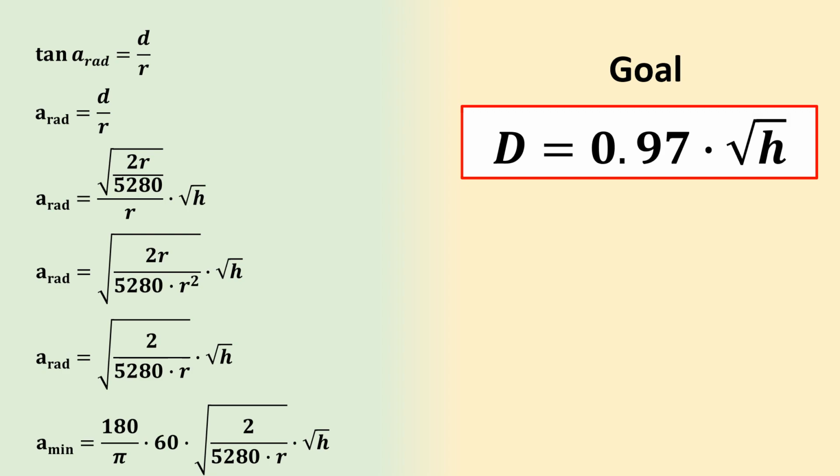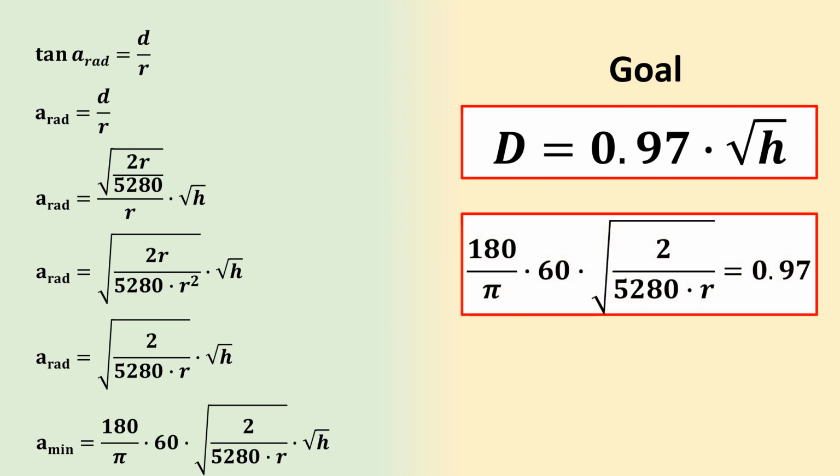So to convert it to minutes, we need to multiply it by 180 over pi to get degrees, and then by 60 again to get it to minutes. Awesome. So now it looks like a bit of a monstrosity, but we've finally got it into a form that looks like our equation on the right, which means that this must be equal to our 0.97.